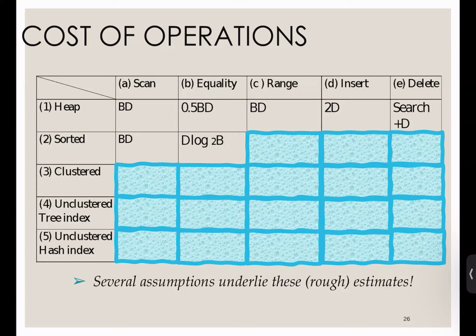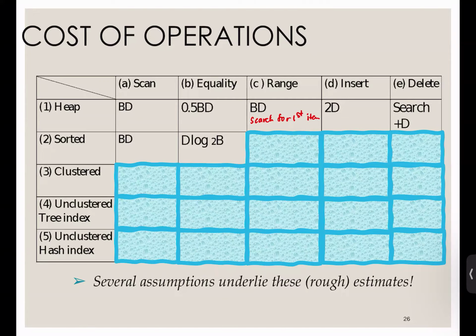Now for range search. Let's say I want to look for age 15 to 20. I will have to search for the first item, which is the same as an equality search. So if I want 15 to 20, I have to look for 15 first.